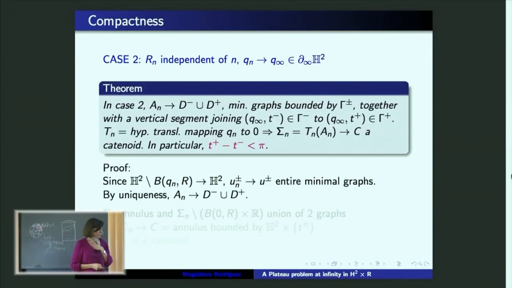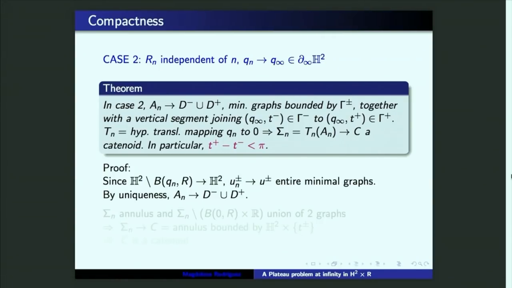And now let's see how this catenoid is forming. What we do is at each step, you translate in order that the axes of the cylinders are over some fixed point, let's say the origin. Okay. When doing that, what you have is some sequence in case 1. So now we know that there exists a limit.